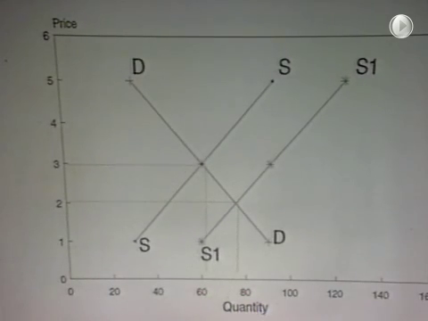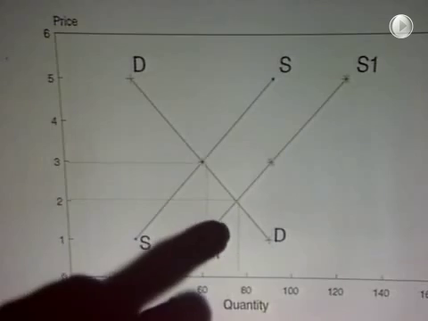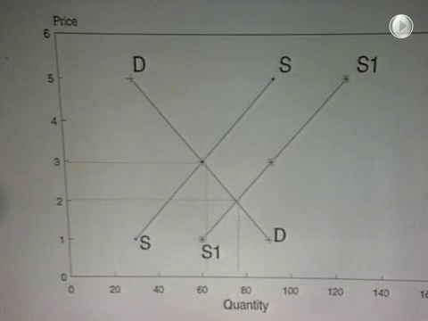Our shift of our supply curve to the right moves us to a new market clearing situation, which involves again a higher quantity, but now a lower price. Similarly, if we had a decrease in supply, a shift of the supply curve to the left, we would move to a lower quantity and a higher price.